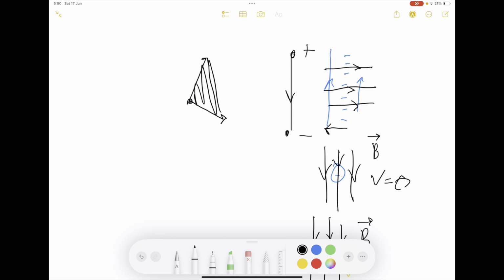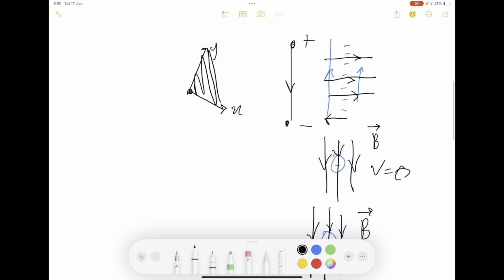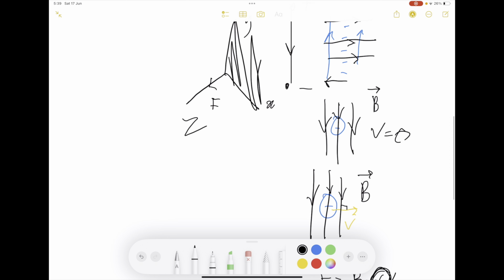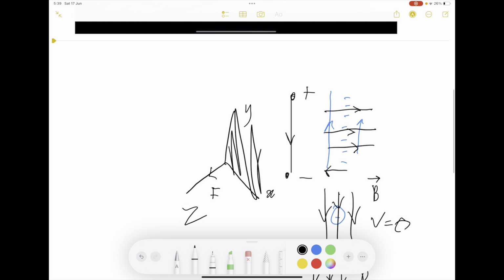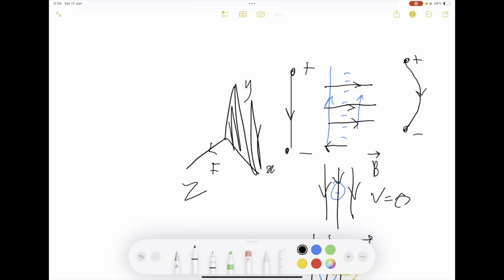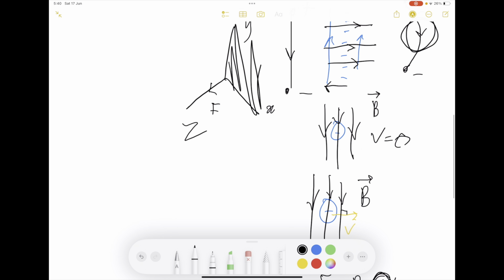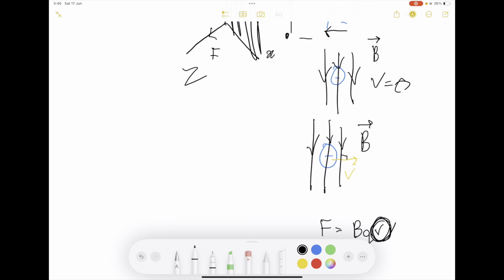This is the plane in which all this is drawn, and the force is in this direction, into the paper. I think you get it. So basically it causes the current to deviate a bit, like this. What a Hall effect sensor does is it detects this deviation, and according to that it sends a signal.